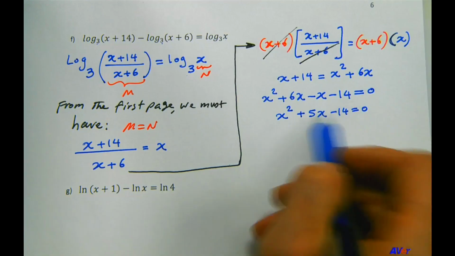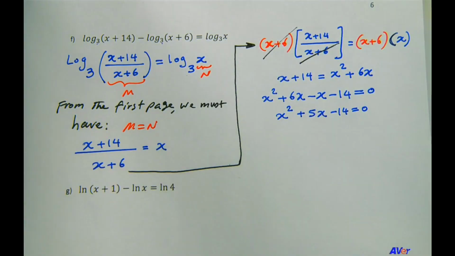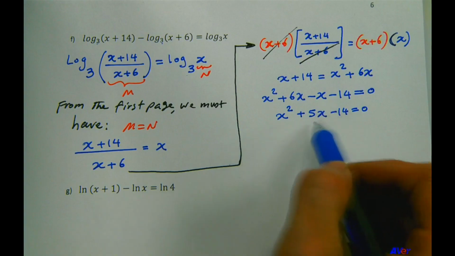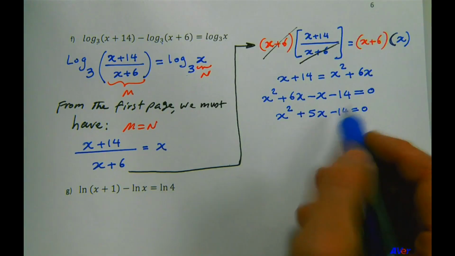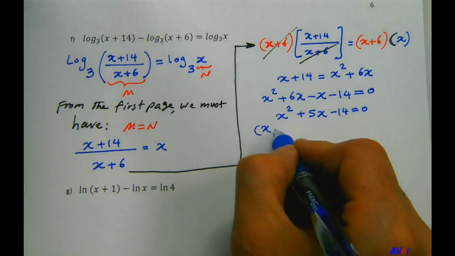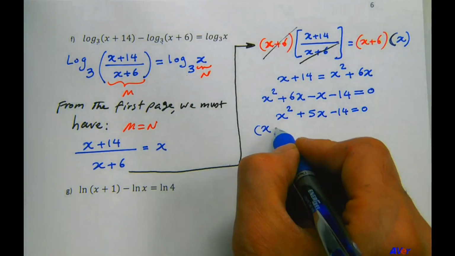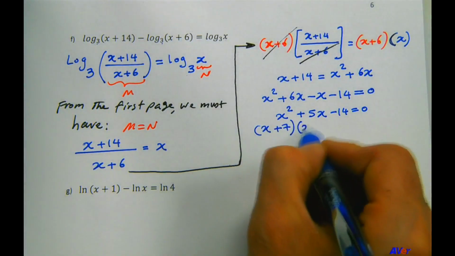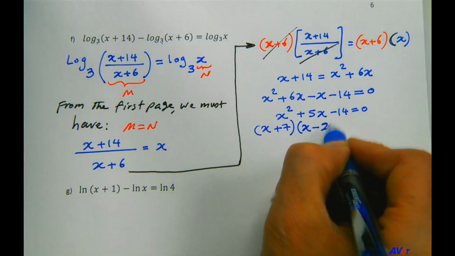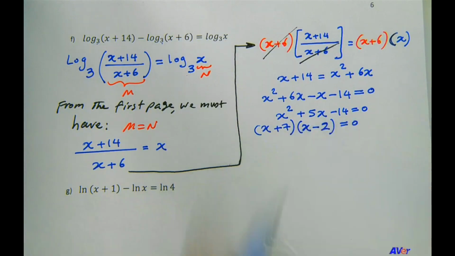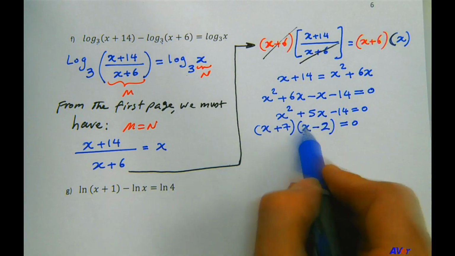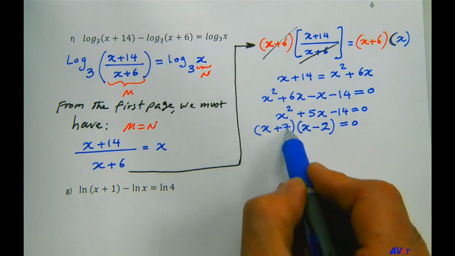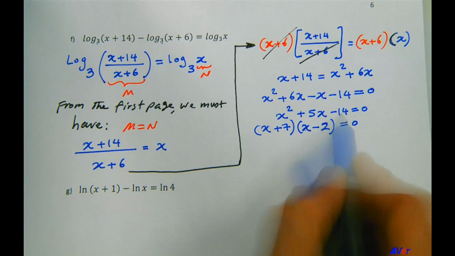This is a quadratic equation. You can either use the quadratic formula to solve for x, or you can use factoring. But these numbers are easy to find factors for, right? So this is simply (x plus 7) times (x minus 2) equals 0, right? X times x is x squared. 7 times minus 2 is minus 14.